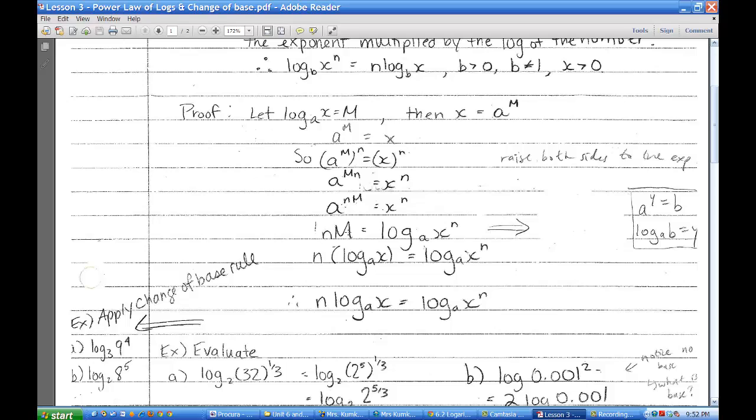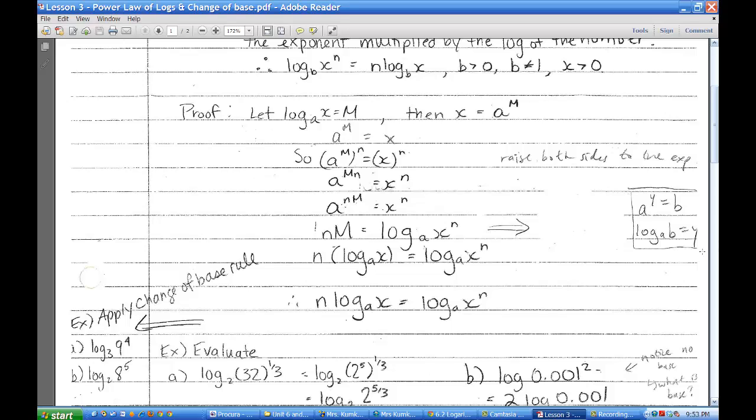Now I have my exponent equals log base a of the answer. I substituted my log a of x with m. Now I'm going to substitute it back. So n times log a of x equals log a of x to the power of n. Now I just bring this n to the front, and that's what happened here. So n log a of x equals log a of x to the power of n.